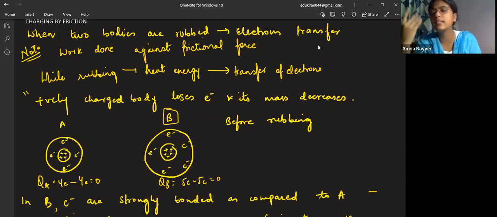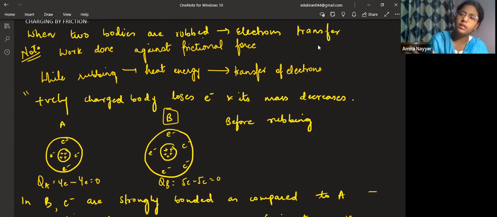All the work against friction gets dissipated in the form of heat. Now whatever heat is generated between 2 bodies allows the transfer of electrons to occur. So one mechanism is charging by friction, meaning transfer of electrons from one body to another with the help of friction. And the quantity which governs it is basically the work done.